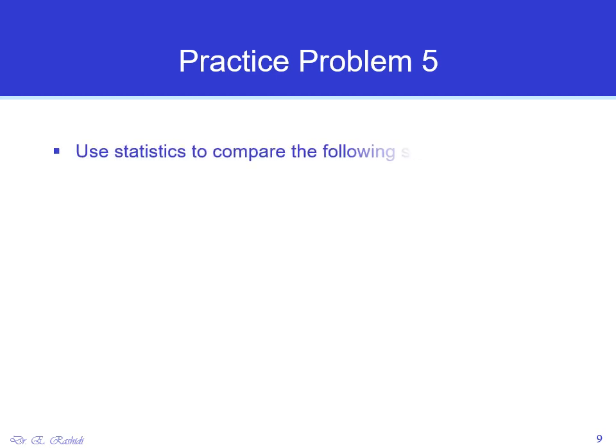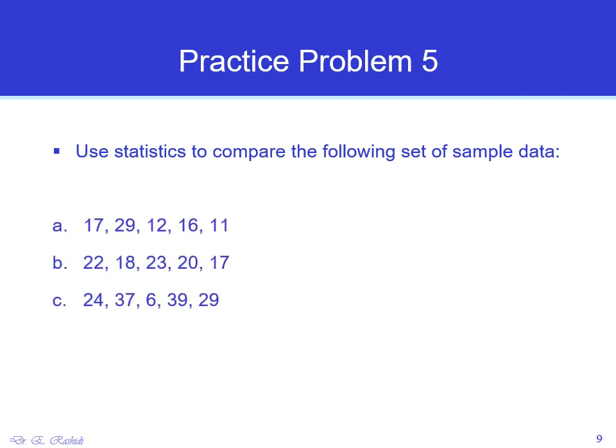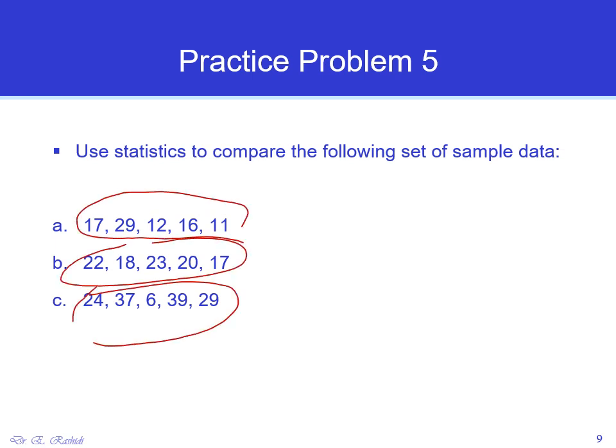Please use statistics that you have learned so far to compare the following sets of sample data. So you have three sets of sample data, set A, set B, and set C. Use the statistics that you have learned to compare these. So first of all, this is sample data, that's going to help you know which formula to use when you want to find the standard deviation.